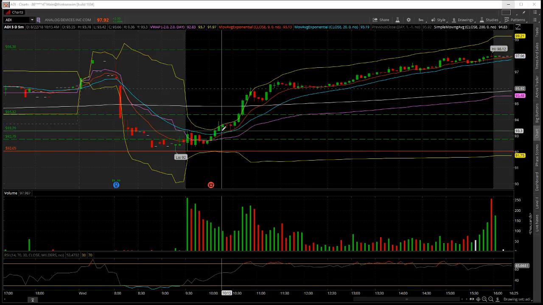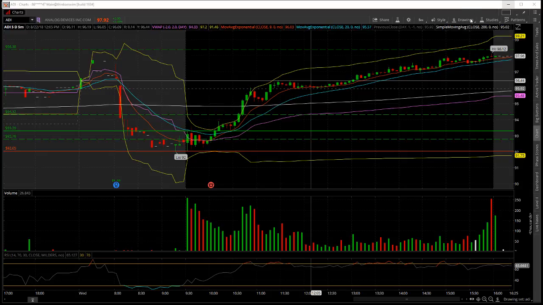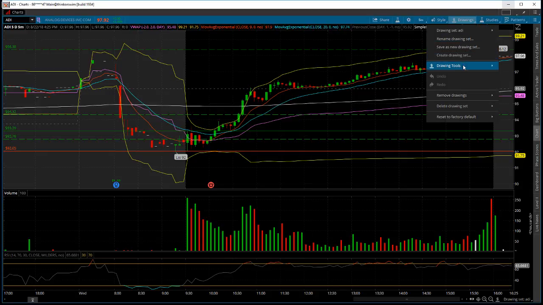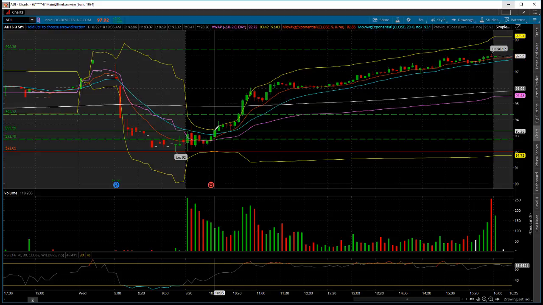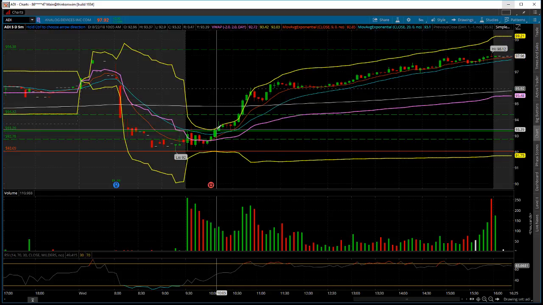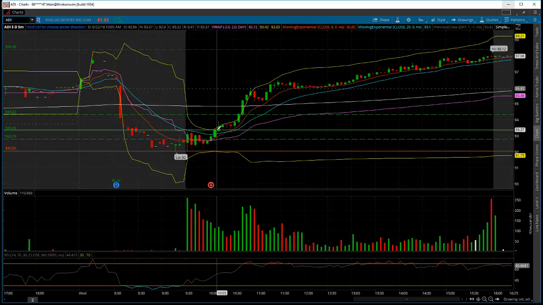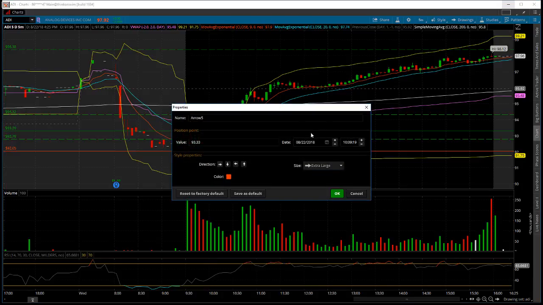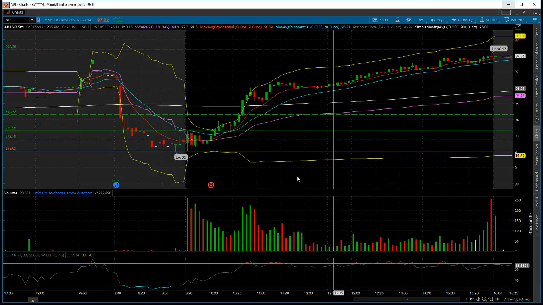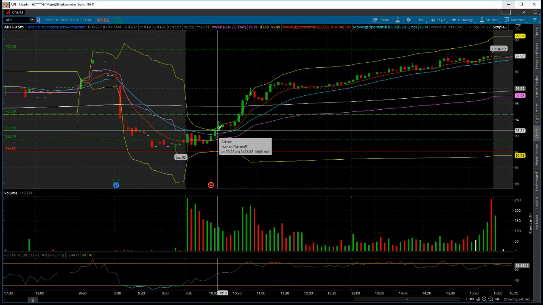So let's say we got in at 93.35, which is going to be about right in here. So this is where we bought. We're going to make it green because this is where we bought. All right, so we bought here.